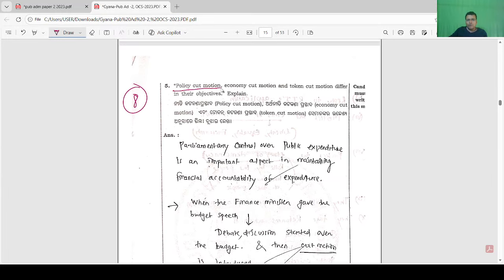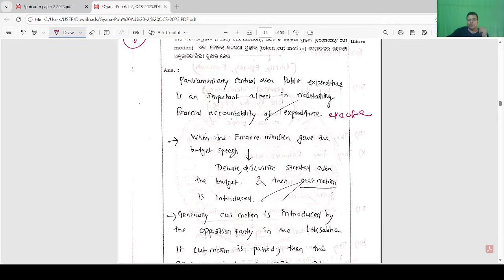Policy cut, economy cut, and token cut motions differ in their objective. This is parliamentary control over public expenditure, Paper 2 Unit 7, when the budget is presented in Parliament. He has started that parliamentary control over public expenditure is an important aspect of maintaining fiscal accountability of the political executive.